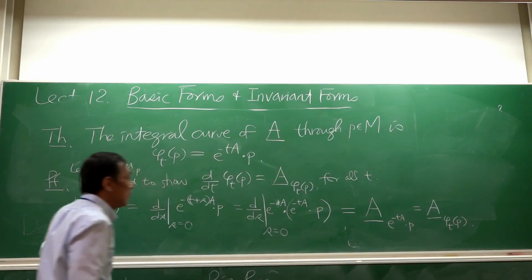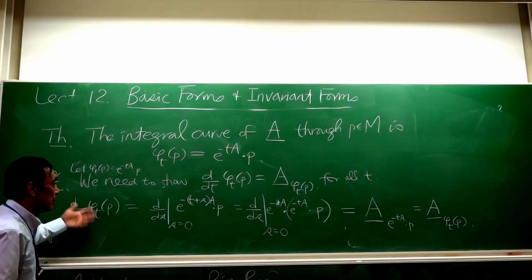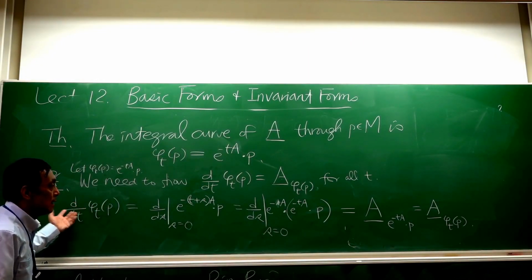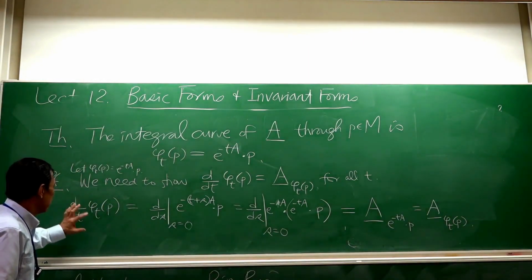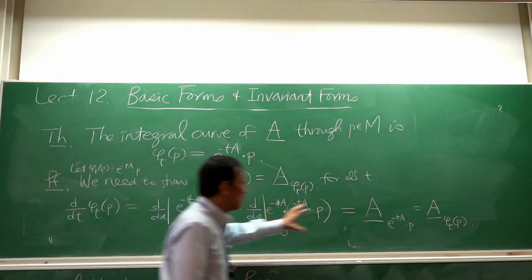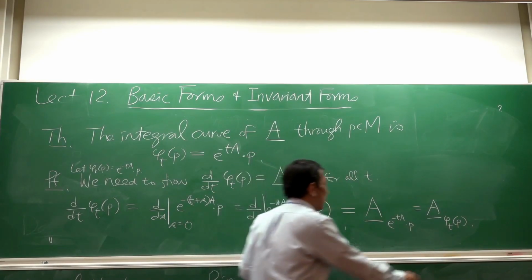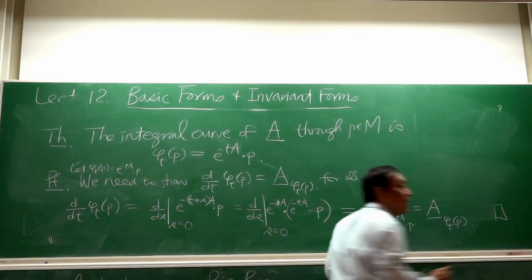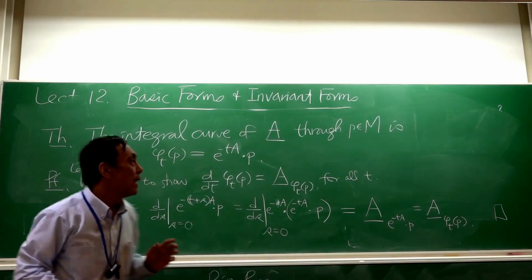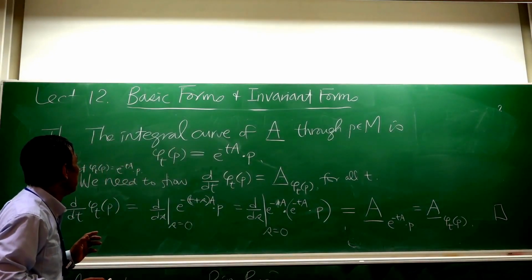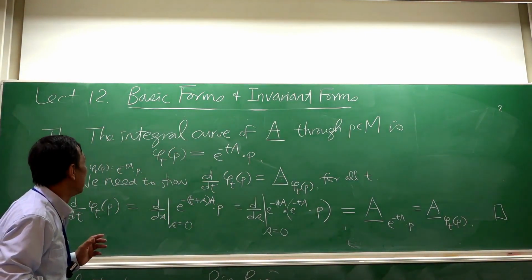Okay. So that says that phi t of p has velocity equal to the vector field at that point. Therefore, it is the integral curve. Okay? Yeah.